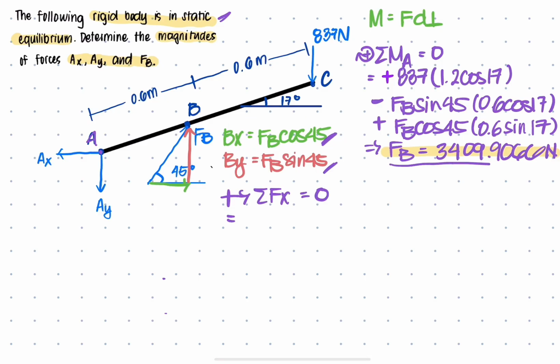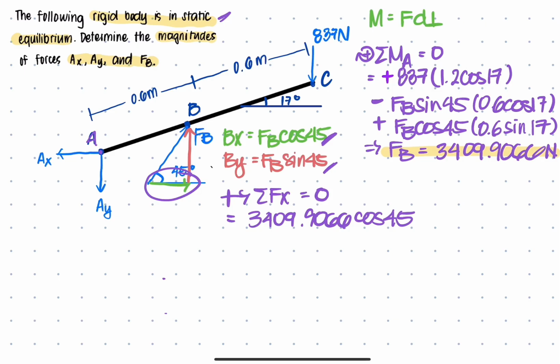Pero dahil alam na natin na ito yung magnitude ng FB, pwede na natin siya i-plug in dito. So, ang magiging itsura niyan guys, 3409.9066 cosine 45. At papunta siya sa kanan, di ba? Kaya positive siya. And then, our other force na kailangan i-consider ay si AX.